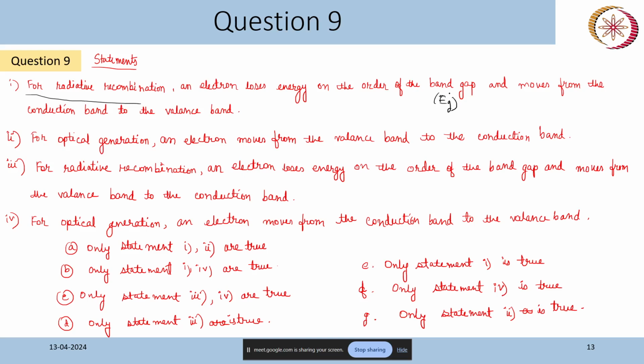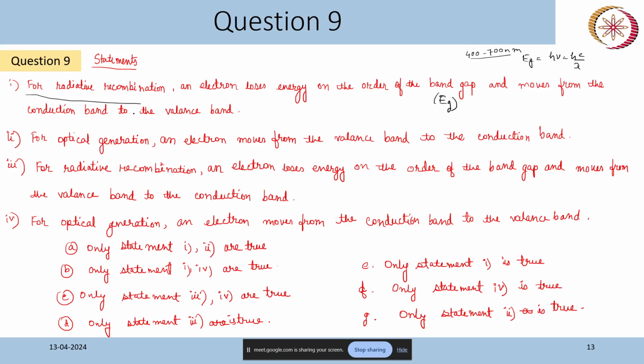If this band gap energy is equal to the energy of a photon, Eg equals h nu or hc by lambda, so we can calculate lambda. If this lambda lies in the visible wavelength range, 400 to 700 nanometers, then the electron will emit a photon of some color. That is how LEDs, the optical devices, are made.